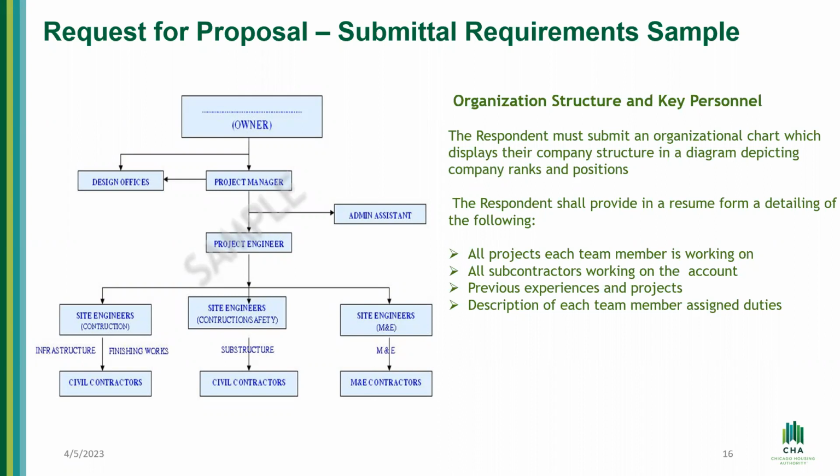For your key personnel, you have to include all the projects that each team member is working on. Also include contractors working on the account, since you will have subcontractors, their previous experience in projects, and the description of each team member's assigned duties. This is the key personnel that is going to be involved in this project.